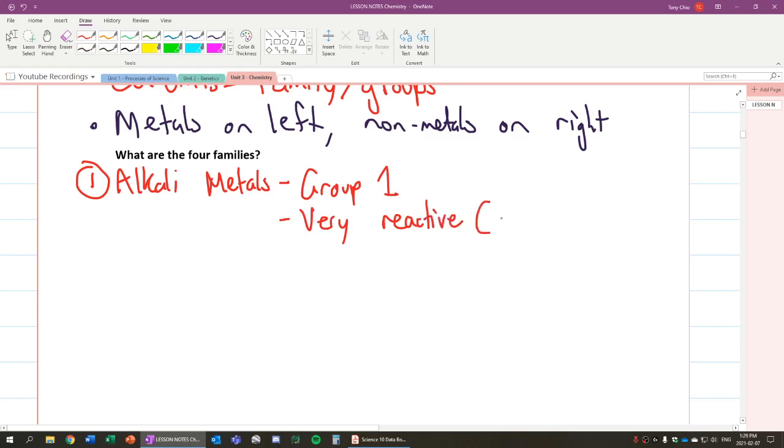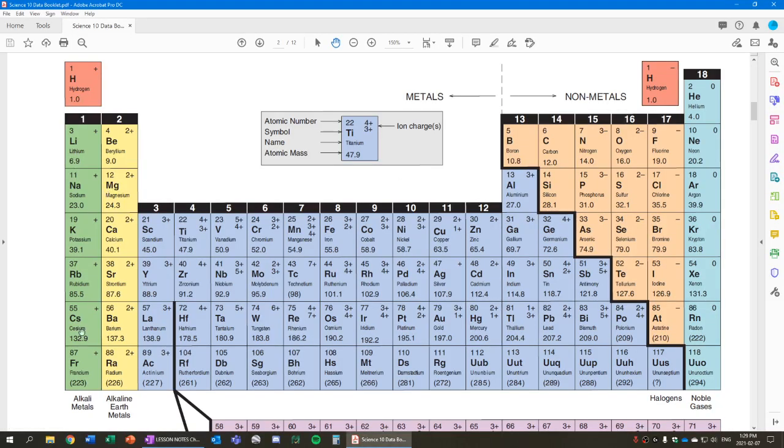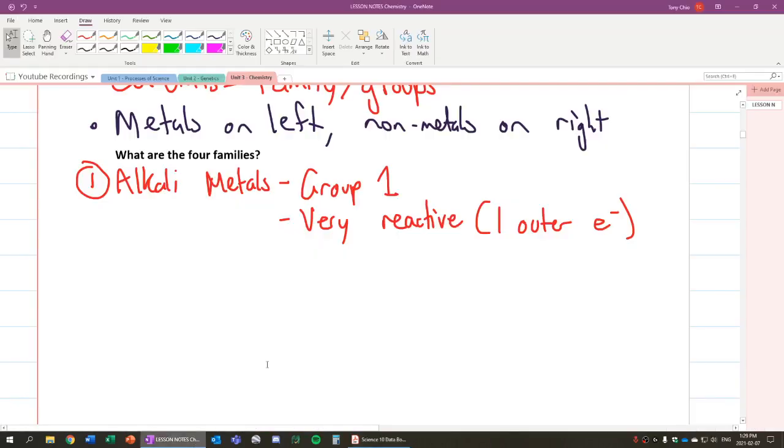The reason why is because they have 1 outer electron, and that will come into play when we go into Bohr models. They have what we call a +1 charge, and they are very reactive. So you see the name right here, alkali metals. Hydrogen can act in a sense like an alkali metal. They have a +1 ion charge.